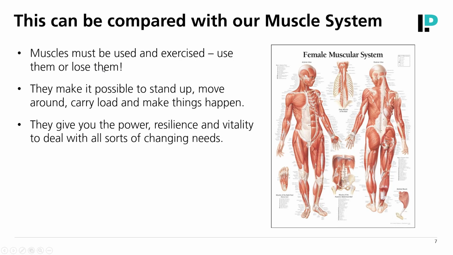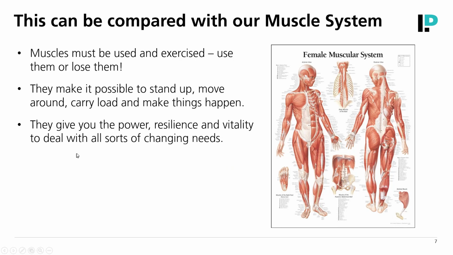And you know that the more you use your way of working in your company, the more you are in meetings and exercise in meetings, the better you become. The muscle system makes it possible to stand up and move around and carry the load. So this is how you can compare this to capability. This makes things happen.